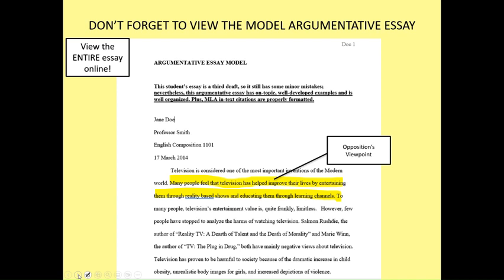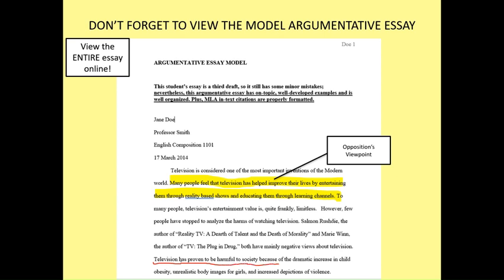This is just a snapshot of it, and as you can see, if you could just read this little part here, you'll notice that there's an opposition viewpoint. How do I know it's the opposition viewpoint? Because here's the thesis right here. And the thesis says that television has proven to be harmful to society.